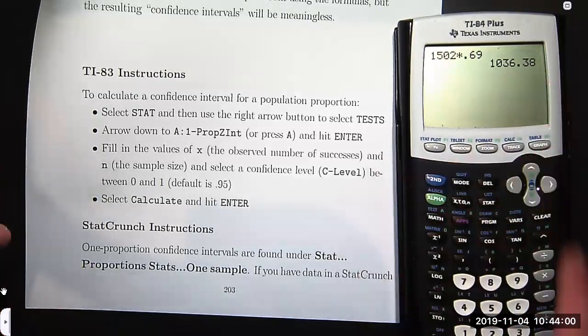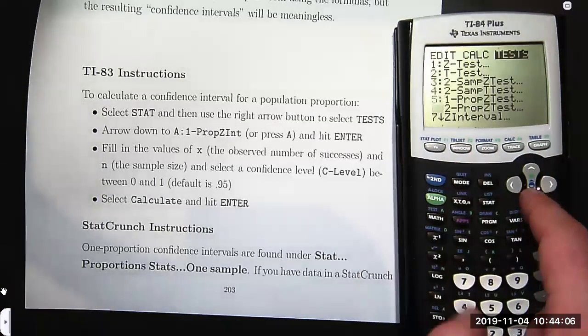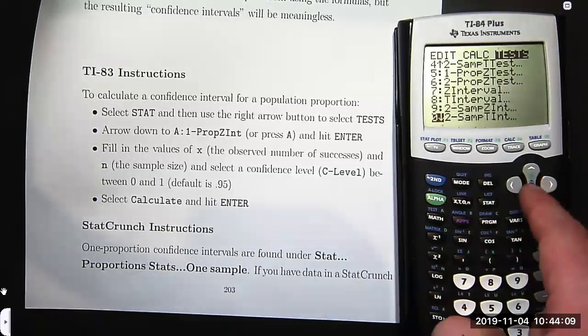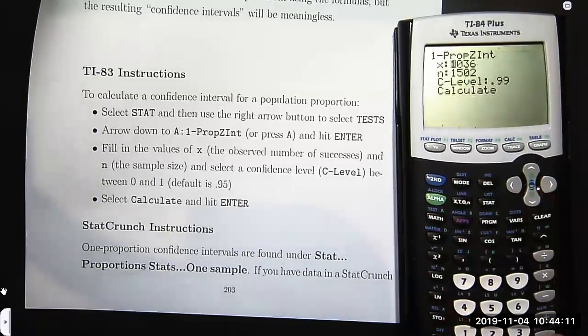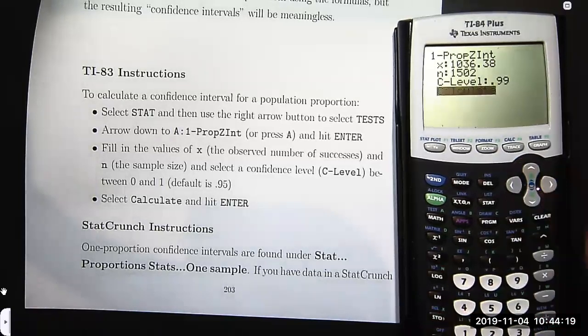Let's just try it without putting a whole number in, and you'll see what happens. One prop z int. So let's say we wanted to put 0.38 in there. Confidence level of 0.99. So it says error domain. So it's not going to work.